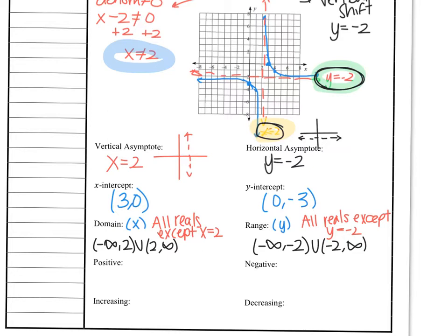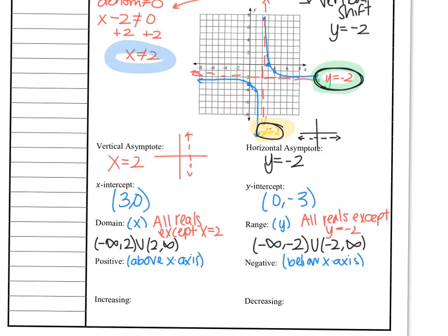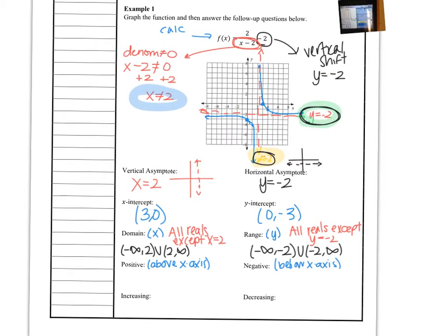All right, positive versus negative. Remember, positive is when you are above the x-axis, and negative is when you are below the x-axis. So I look at this graph and I say, okay, when am I above the x-axis? That would be, let's see, I'm going to try to highlight here, this portion.